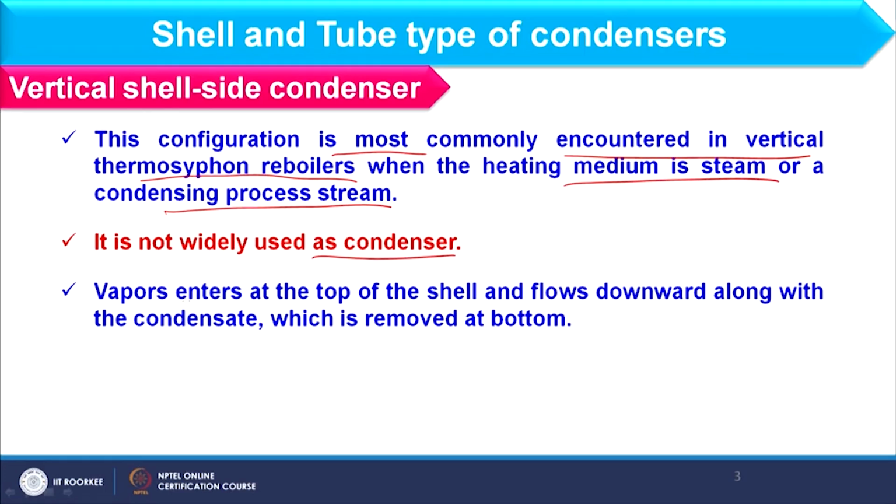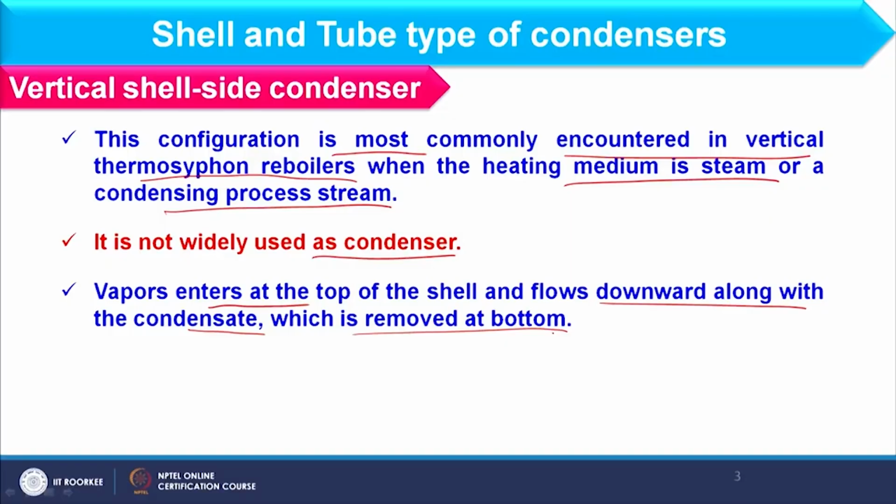And if you see further that in such type of condensers vapor enters at the top of shell and flows down along with the condensate which is removed at the bottom. So, if I ask you what is the usual movement of vapor, because of less density the movement is upward obviously. But in this condenser we let the vapor enter from the top, because what will happen when we let it enter from the bottom and when condensation will take place obviously the condensate will be collected at the bottom only because of its natural movement.